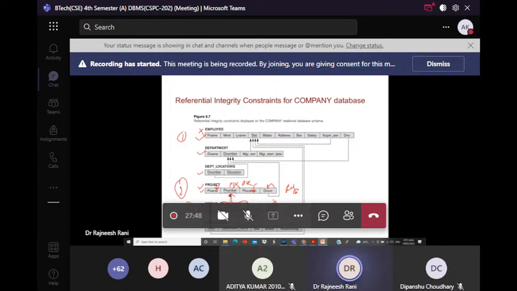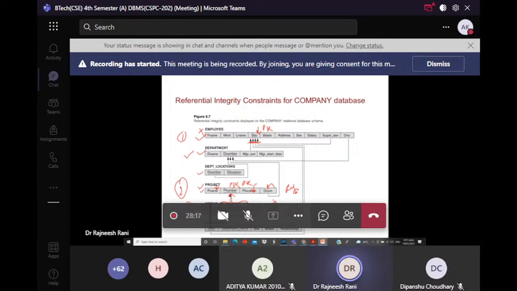So you can see here ESSN. ESSN just belongs to this SSN number. So here you can see how many arrows there are. There are 4 arrows. Then that means SSN number is a primary key in the employee relation, but it is actually a foreign key in 4 tables.